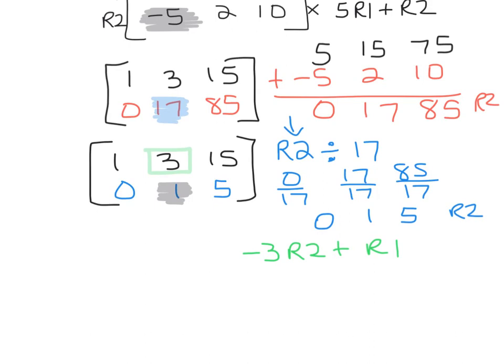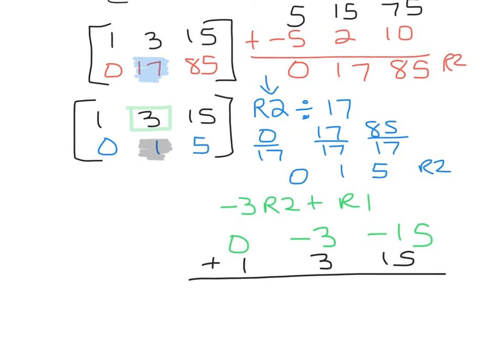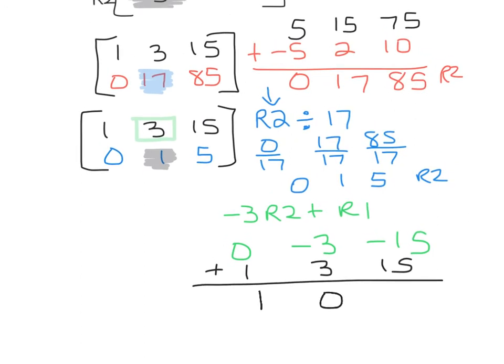Row 2 multiplied by -3 gives me 0, -3, -15. My row 1, let me write it underneath. I'm going to add it. 1, 0, 0 is now my new row 1.